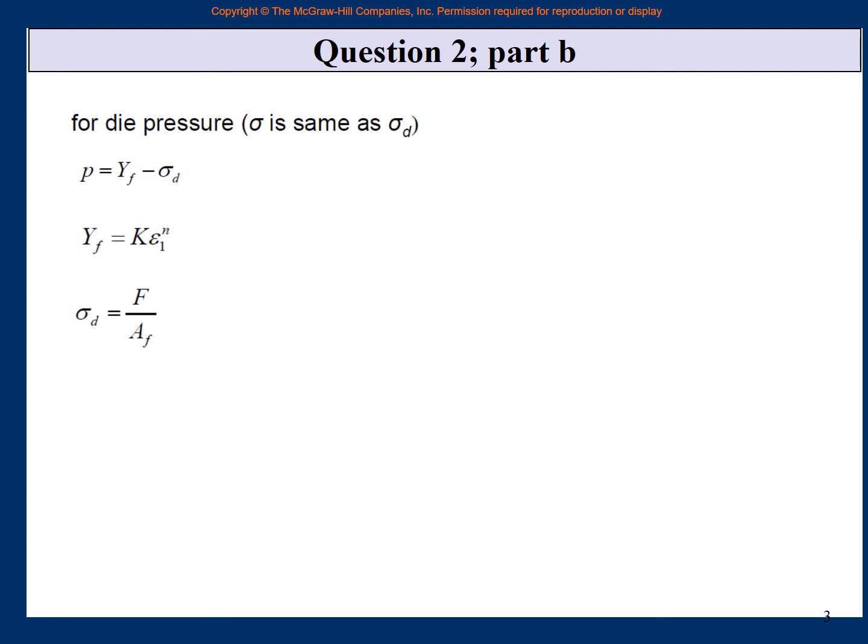So the total work is 1.4 times ideal work, or total work is 40% more than ideal work, right? So whatever force you found in part A, the ideal force, multiply that ideal force by 1.4 to get the correct force, and then divide it by the area. So now if you have done that, then force divided by the area is drawing stress. YF is this, put both of them here. This is the die pressure at the exit, right? So you have solved this question.